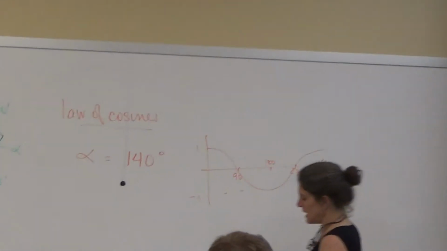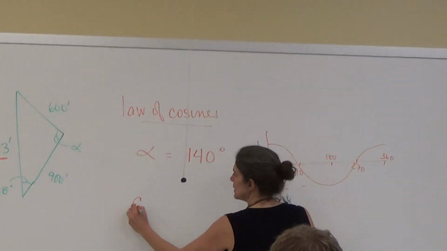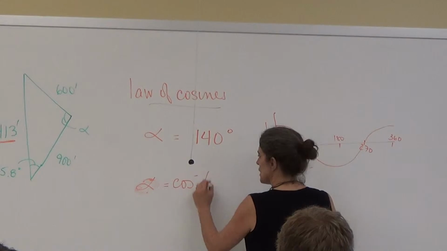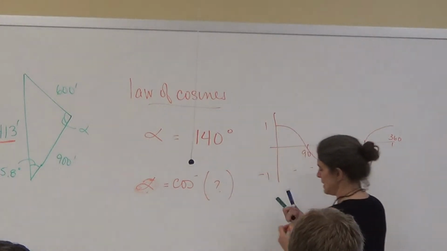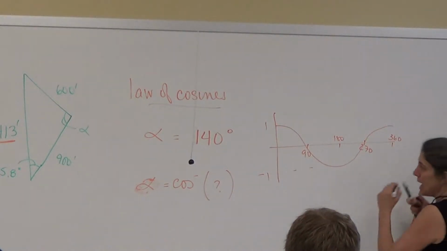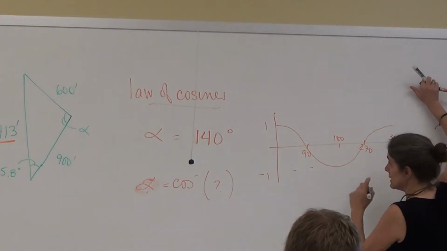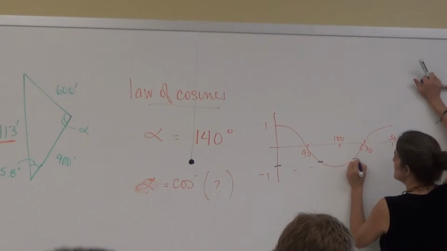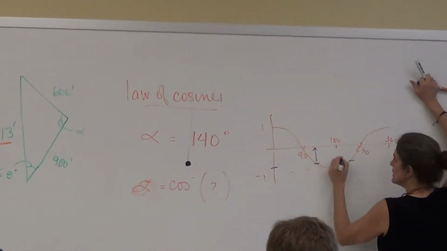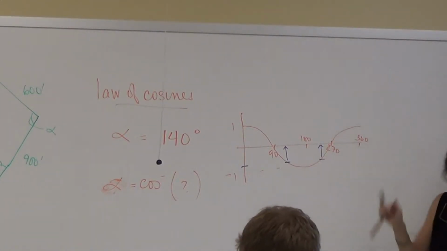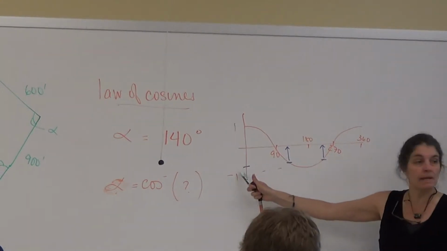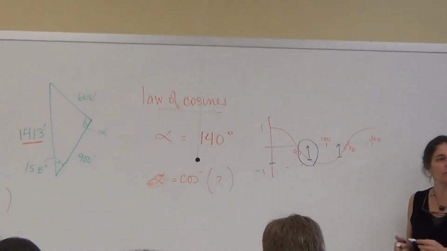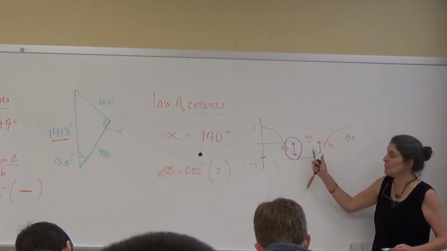When you're solving, the angle is equal to the inverse cosine of something, and the value you're getting is this value here. Your calculator could give you either value, but it gives you the smaller of the two, which fits within the 0 to 180 range.